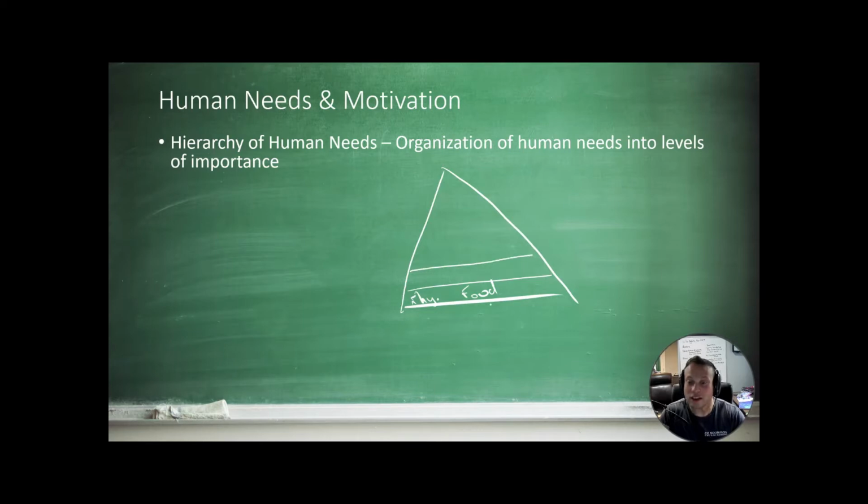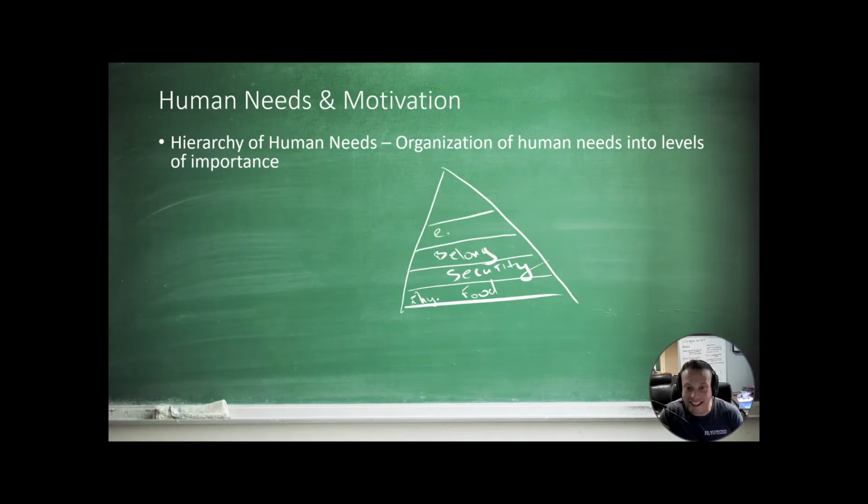We need shelter, a place to live. We need to understand that we are going to be safe wherever we are, and we're not going to be in danger of dying. Next is belonging. We want to belong to a group or a tribe. And as we get higher and higher in the needs, we need to satisfy this need to belong.